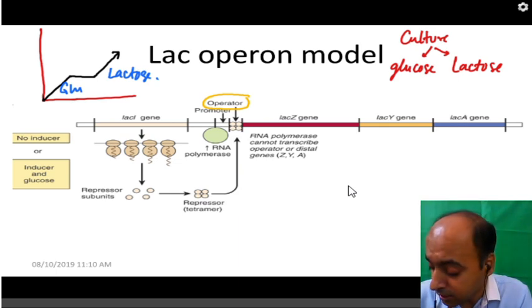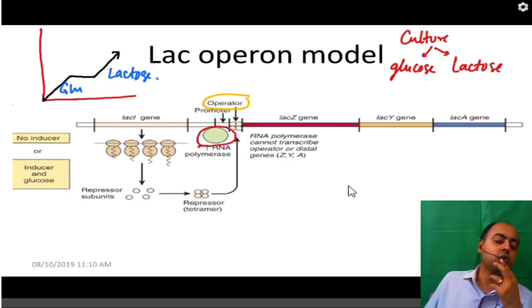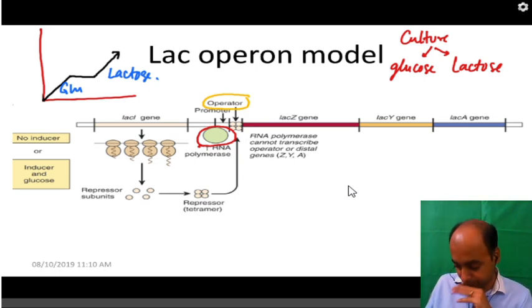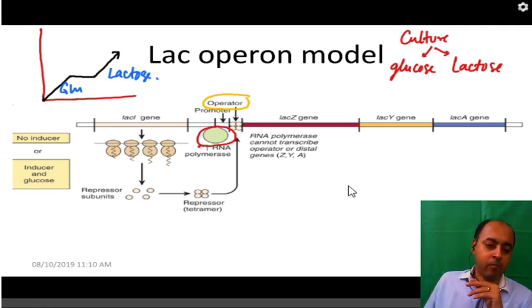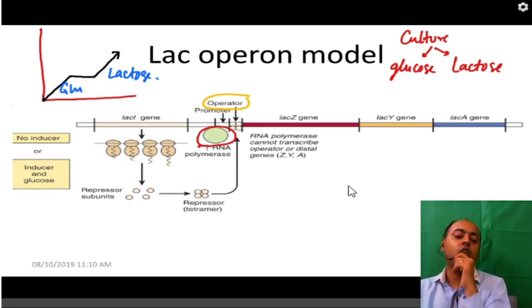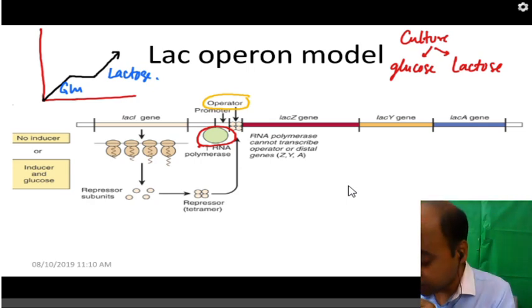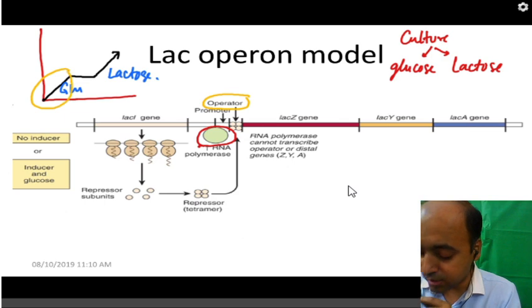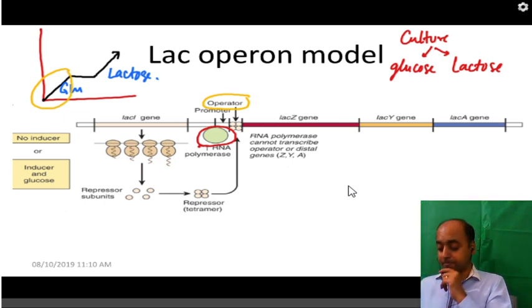As long as the tetramer is there, the RNA polymerase is not able to attach properly to the DNA even if the promoter site has been identified. This is what is happening normally when glucose is there, that is, in the first phase of cell growth.